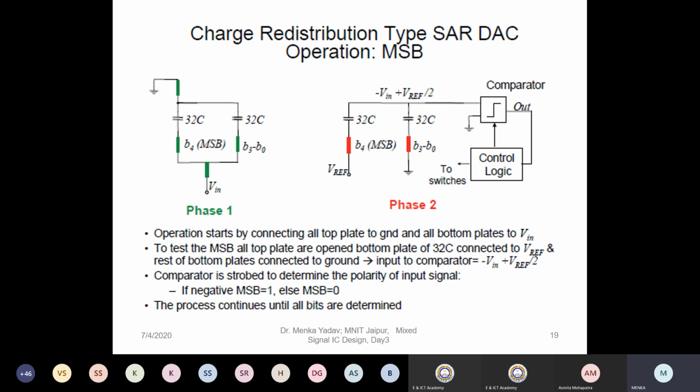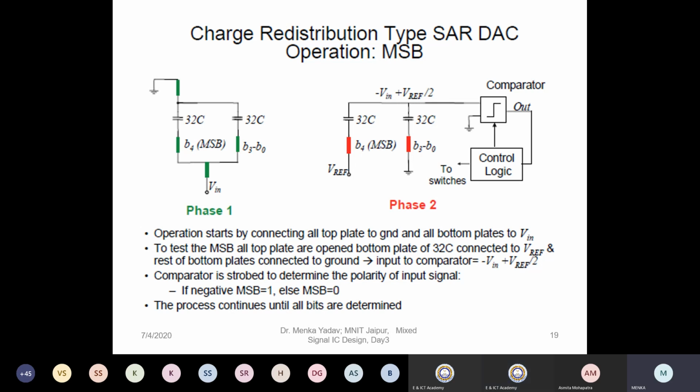If you calculate all the things, because the other portion towards the right side, C plus 2C plus 4C plus 8C, also becomes 16C. So this 16C is in series with 32C plus 16C.